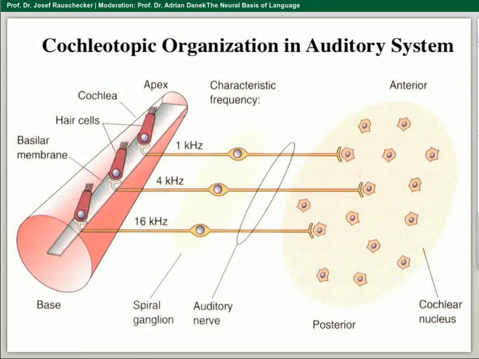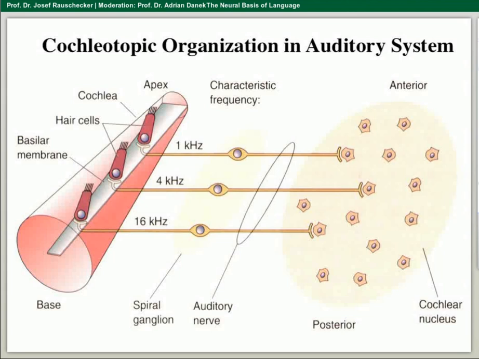And you will notice that the faster you do it, the closer to your hand the peak of that vibration will be. So it makes sense from a mechanical point of view that high frequencies are represented here at the base where the membrane is attached, and for slow frequencies, when you just do one wave, the traveling wave has time to run all the way to the end of the rope. And that's why low frequencies are here.